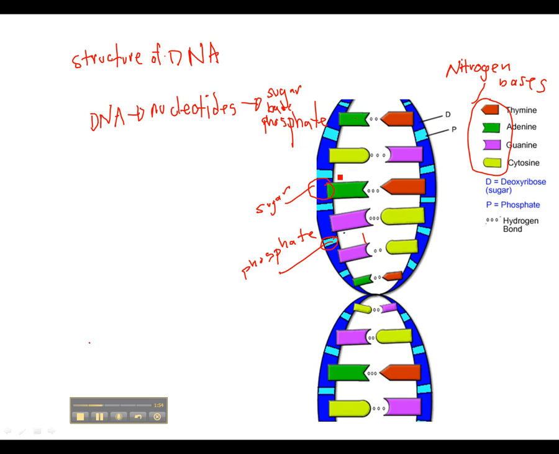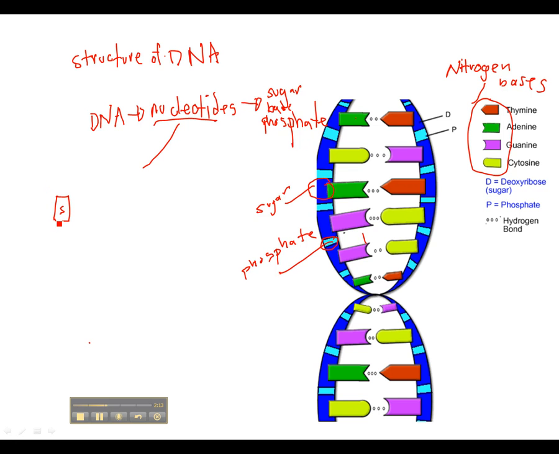The basic thing to think about is what a nucleotide is. I'm going to draw one over here. It's made out of sugar, base, and phosphate, and it's basically like the picture. This would be the sugar, put a little S there. And then put the P for phosphate.